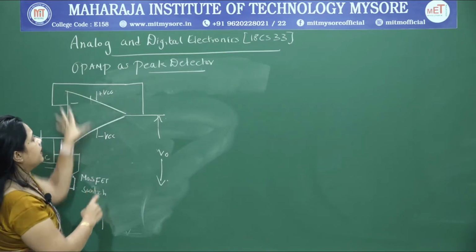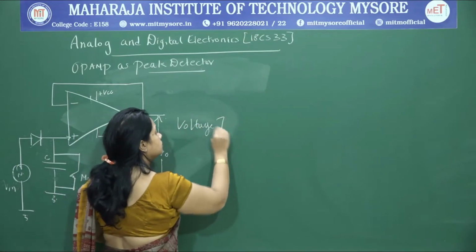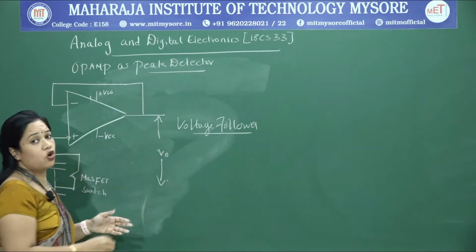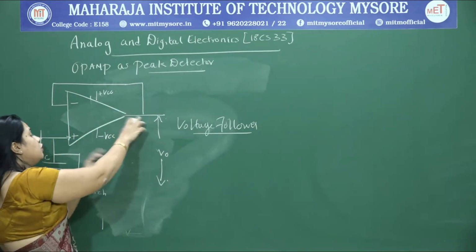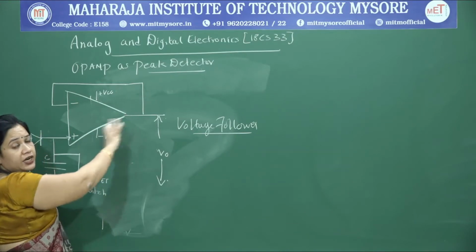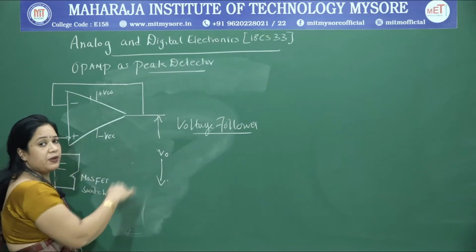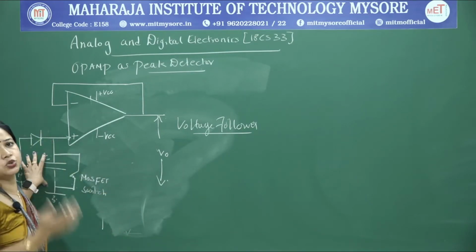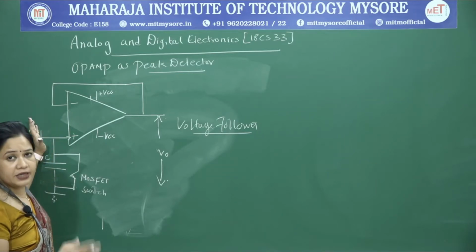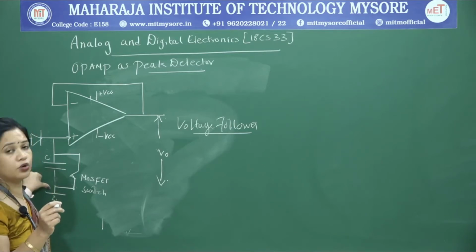Because this peak detector is connected as a voltage follower, the output is retained at the peak value of the capacitor, till the next peak arises, till the capacitor is charged to the next peak value. In this way, the op-amp detects the peak value of your input voltage.